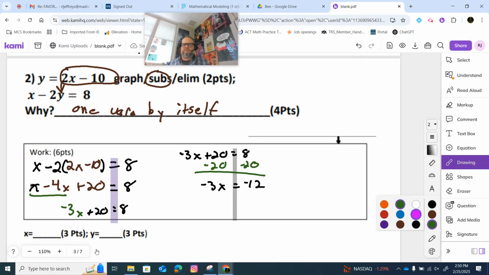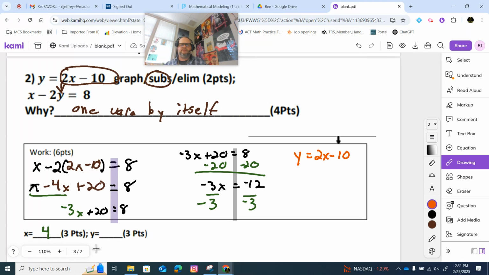Negative 12. 3, 9, 3. All right, so x equals 4, I hope. And then y, 2x minus 10. So this is y equals 8 minus 10, negative 2.